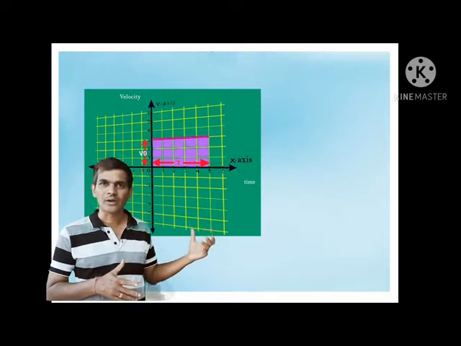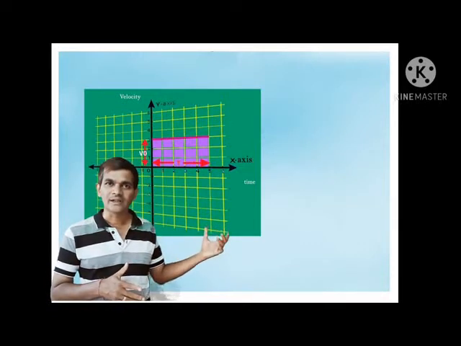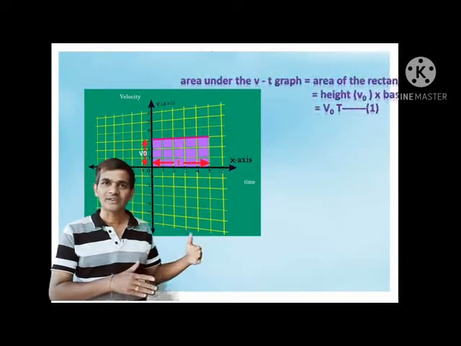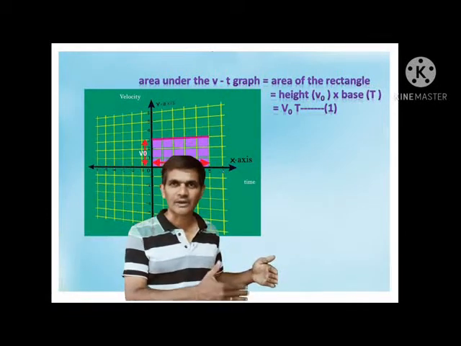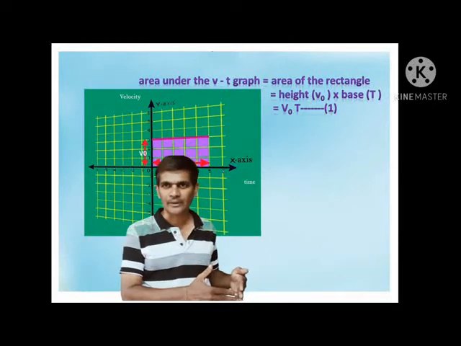Now how to determine the distance travelled or displacement? According to this, the area under the velocity time graph gives the displacement. First we will find out the area under this graph. For that we have to calculate the area under this velocity time graph.